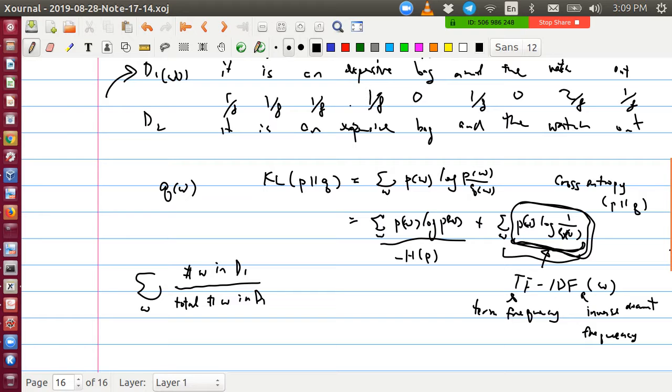And then the inverse document frequency here will be, anyway, one over Q(W). I can write it as the total number of documents over the number of documents with W.